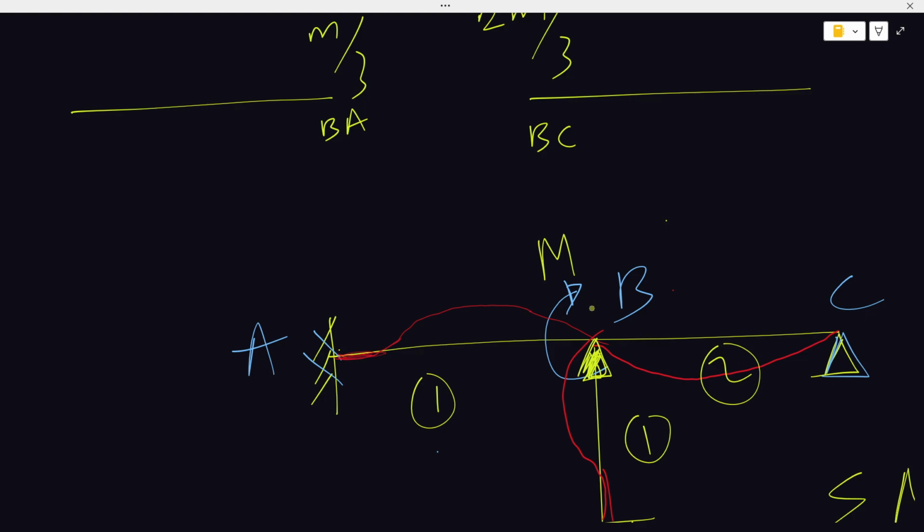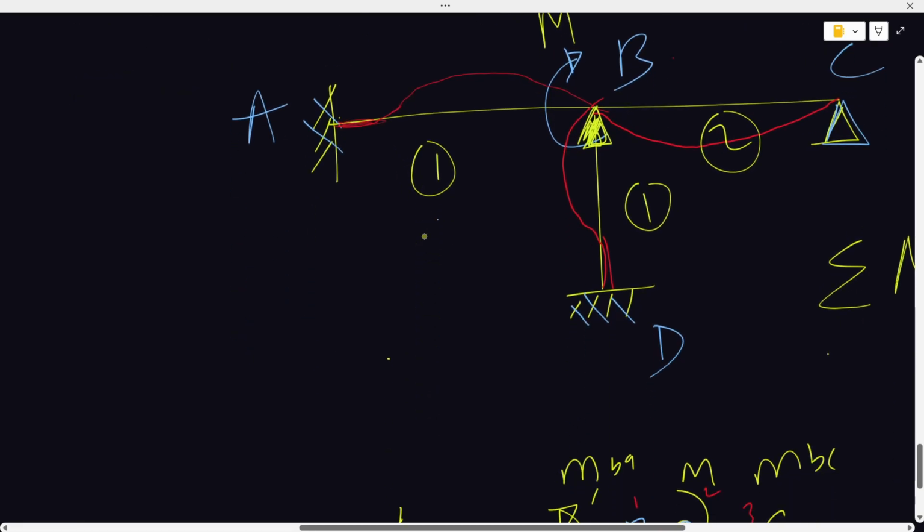The moment applied is at the near end, at B. So that's why we're saying MBA this time, which is equal to 4EI theta over L. I'm just going in circles, but I believe that you grasp what I'm saying.